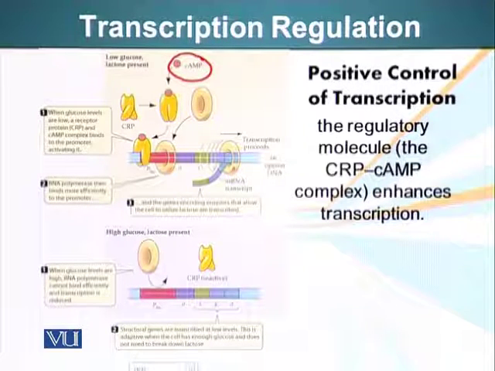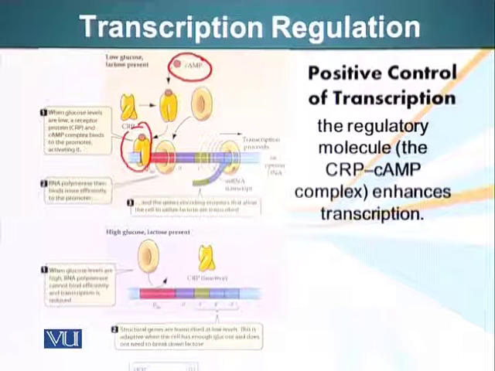When cyclic AMP binds it, this complex, rather than binding the operator, binds the promoter, and it facilitates the docking of RNA polymerase at this site, resulting in production of the structural genes, which are the same genes we saw in the lac operon. So this is what happens when glucose is low and lactose is abundant.